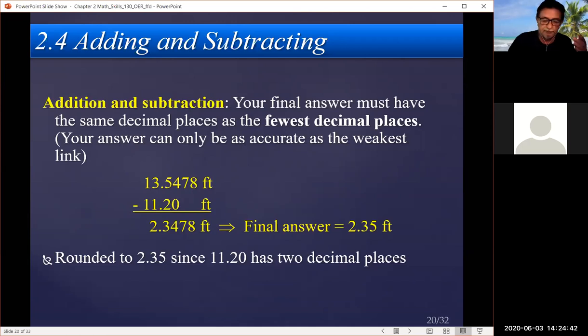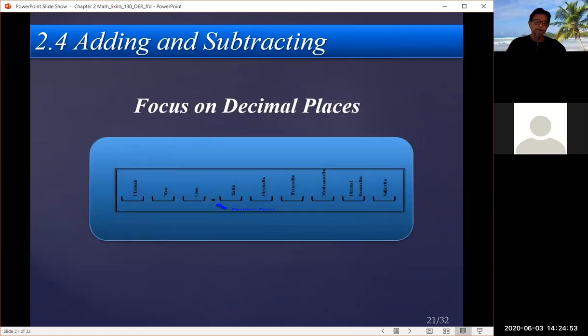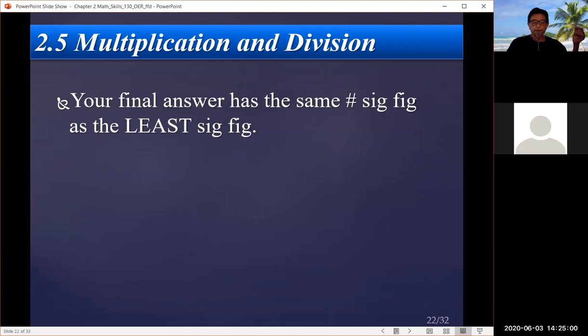So don't round them off beforehand. You propagate the error, okay? So the key thing to remember: adding, subtracting, focus on decimal places. This is a reminder here with respect to decimal places and their magnitude, okay? You're welcome to read it.